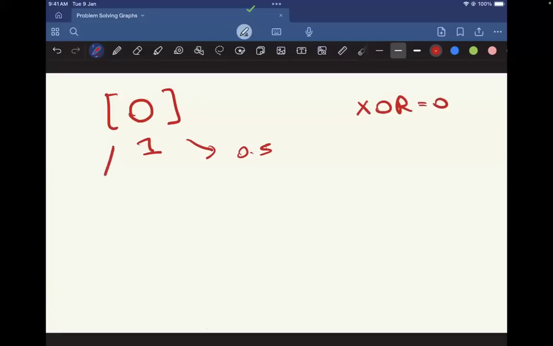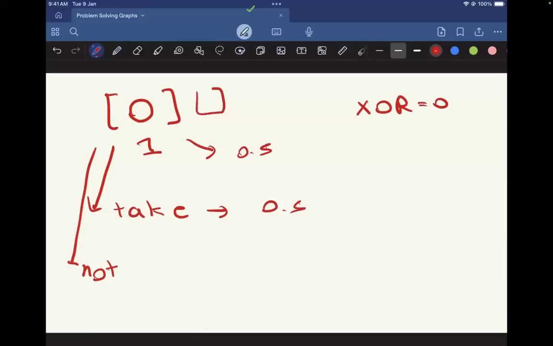Do you agree either you will take this element or you will not take this element? Okay. If you take this element, the probability is 0.5, and now you have completed your array. You don't have more choices, and the XOR is 0. Okay. So this is indeed 0.5. Like if the XOR was not 0, it would have been 0. Okay. Now, if you don't take it, if you skip it, do you agree the XOR is still 0?